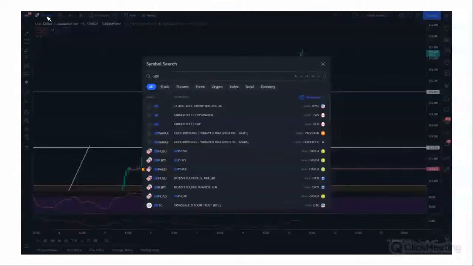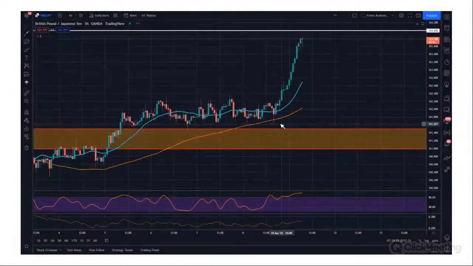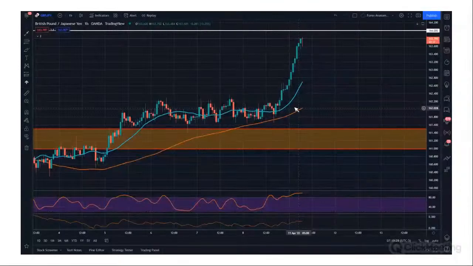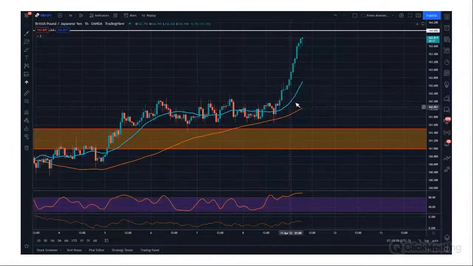And actually, that was one that I was looking at earlier this morning. I could have jumped in on that, but I decided to be a little bit cautious on that one. But of course, we see this huge move to the upside, and this is after that data came out earlier this morning, I believe around 2 a.m. Eastern time, 1 a.m. Central time.